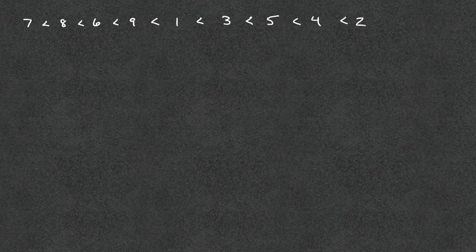So somebody could give us a random permutation like the one we see here, and then we can be asked the question: is this going to be even or is it going to be odd? Well, that's just a matter of how many transpositions it takes to get us back to our original standard ordering.